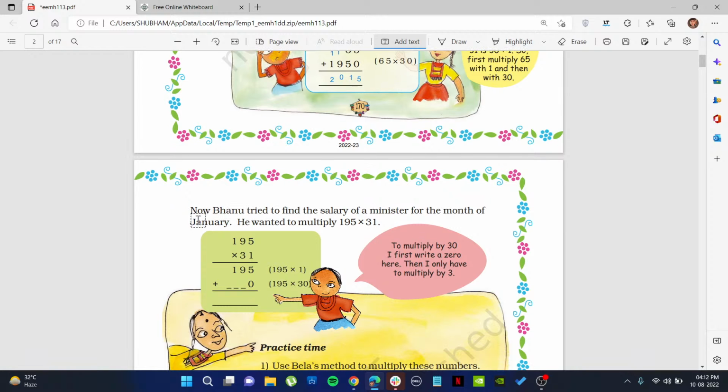Now Bhanu tried to find the salary of a minister for the month of January. He wanted to multiply 195 with this 31. Why are we multiplying 195? Why not 65?